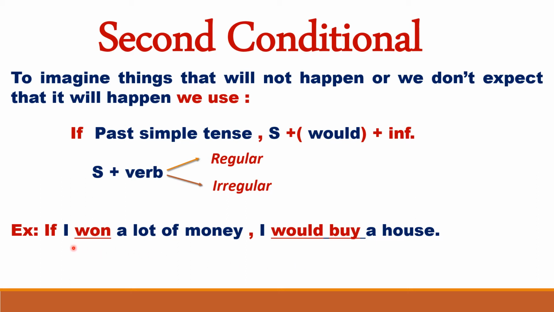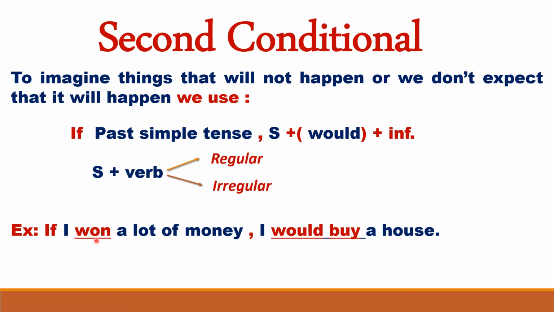So let's see the grammar rules of this condition. We notice there is if, because after if directly the second conditional has the past simple tense. The past simple is formed with subject, then verb, regular or irregular. The main verb is in the past simple: won.